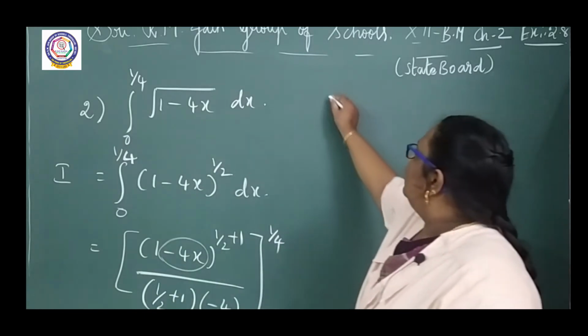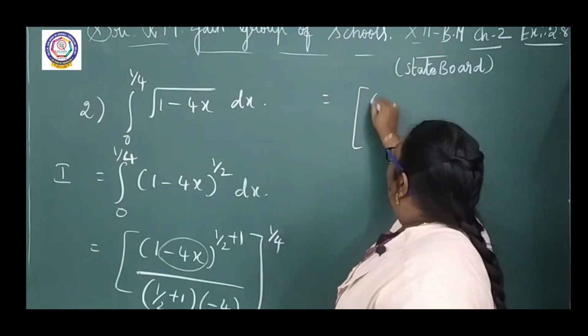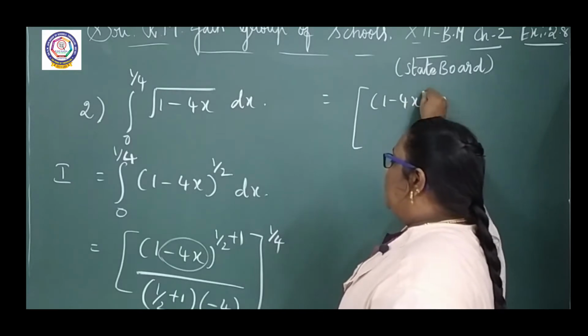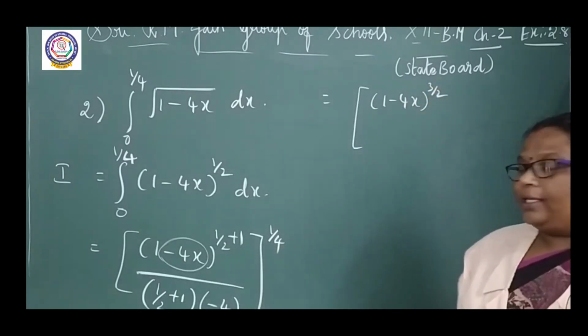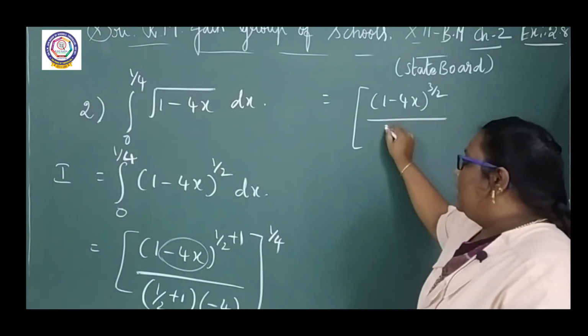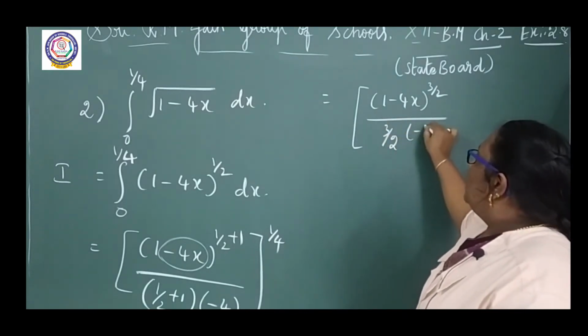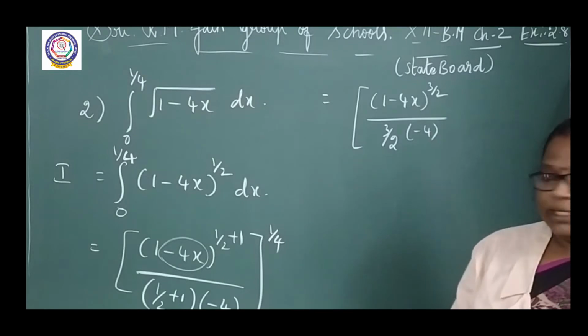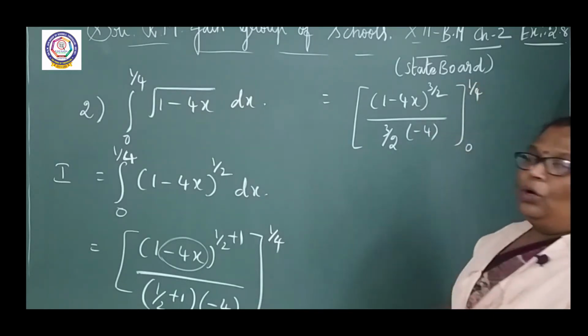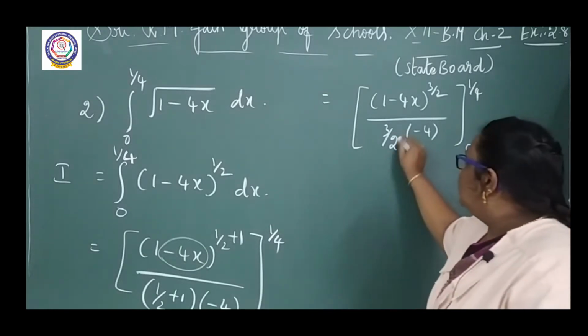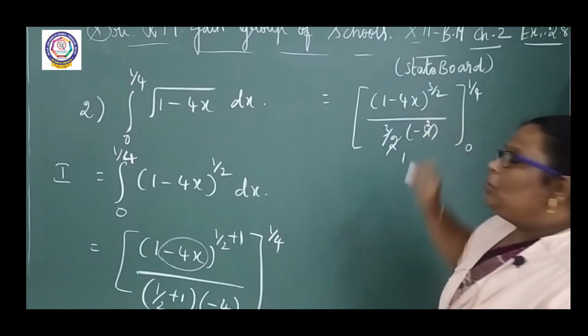Here, 1 minus 4x whole power 3 by 2, by 3 by 2 into minus 4. The limit is 0 to 1 by 4. You cancel it: 2 ones are 2, 2 twos are 4.